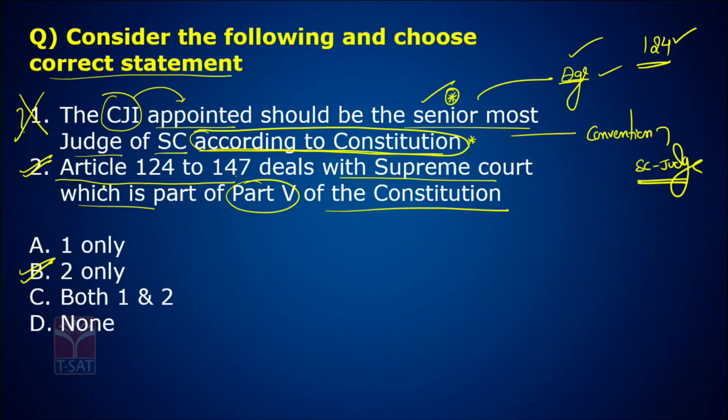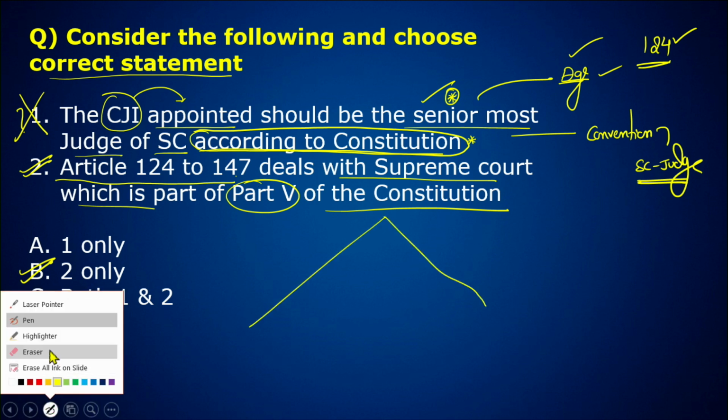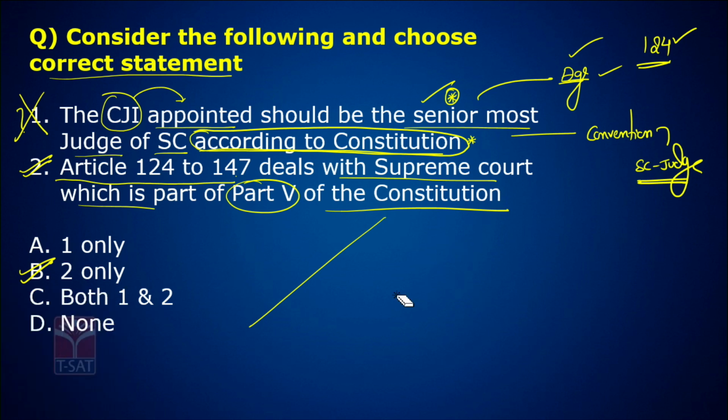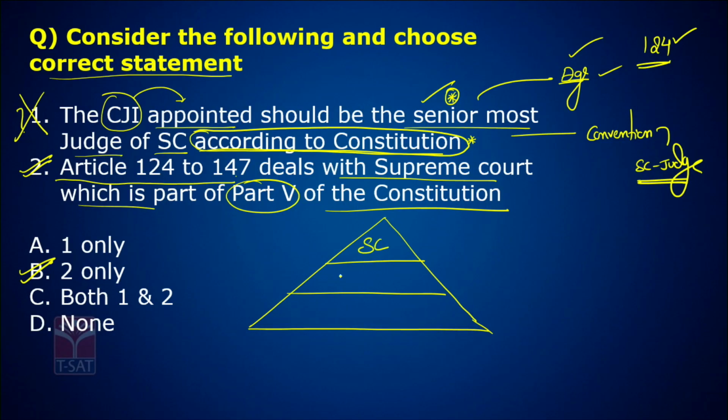Now coming to this, this is absolutely correct. As I told you before, let me tell you again. We have a three-tier hierarchical judicial system, an integrated judiciary. The first one is Supreme Court, the second one is High Court, and the third one is Subordinate Court.